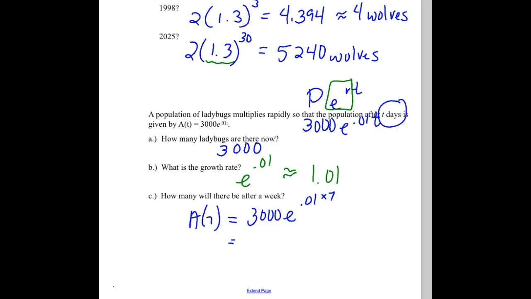Say it again. 17, 18, I don't remember what the decimal part was. Would you round up? So about 18? Okay, so about 3,218 ladybugs after a week.